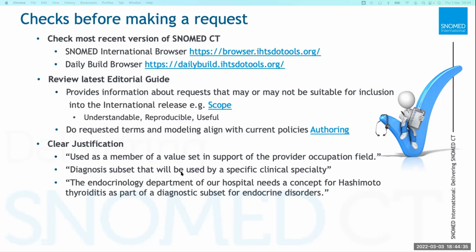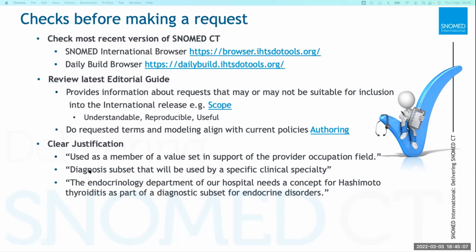So having a clear justification helps SNOMED International terminologists to understand why the content's required and how it would be used. And again, it has to be internationally applicable. So it's not just country specific, but something that could be used by other countries as well.